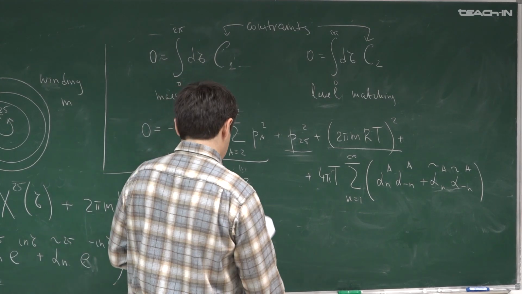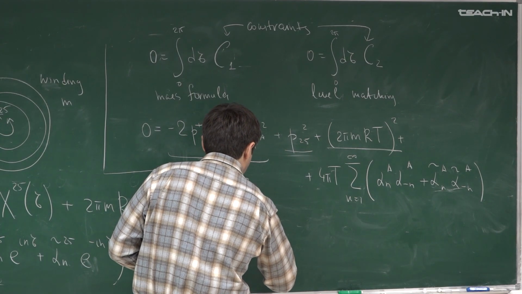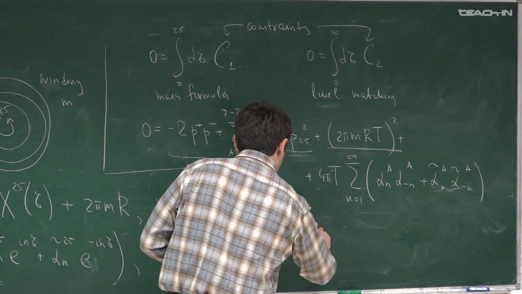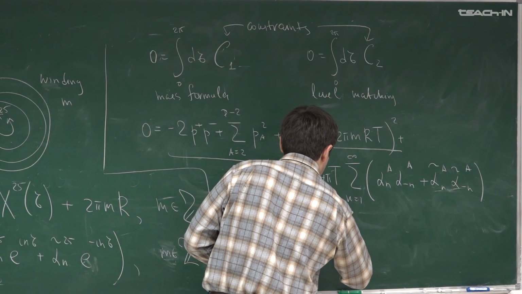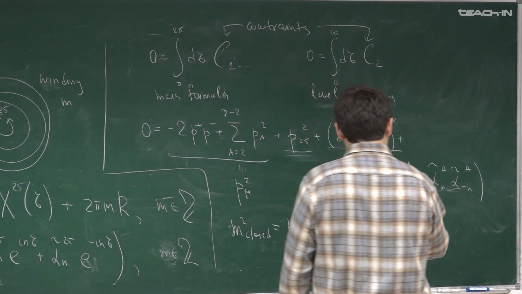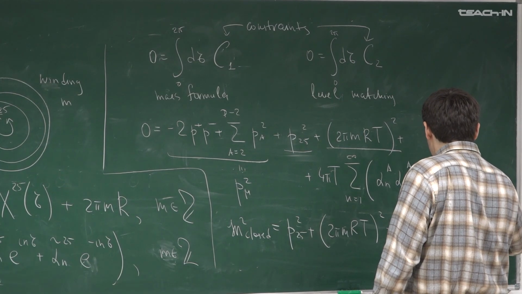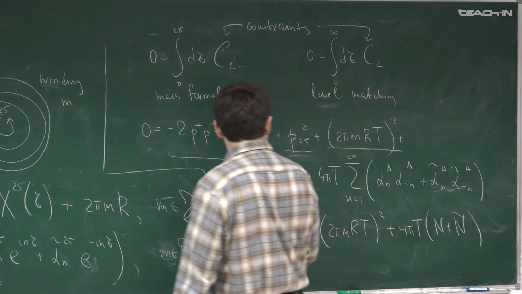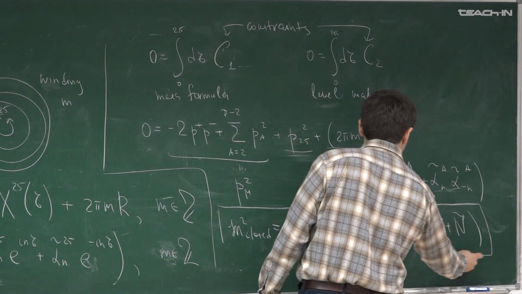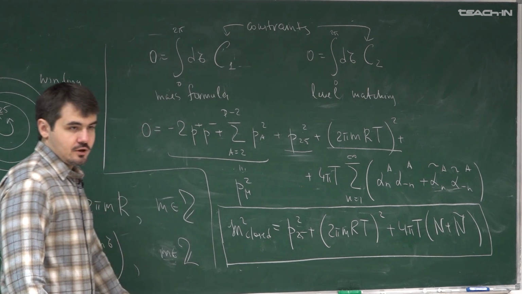So then we get the modified mass formula, which says that m squared is, so this is the square of the mass of the particle propagating in one dimension less.